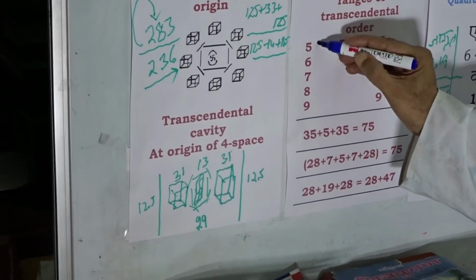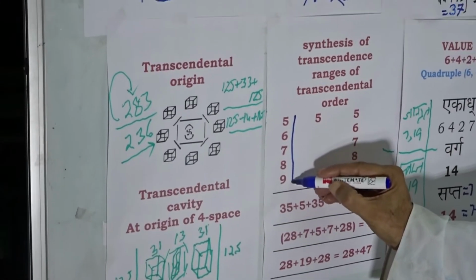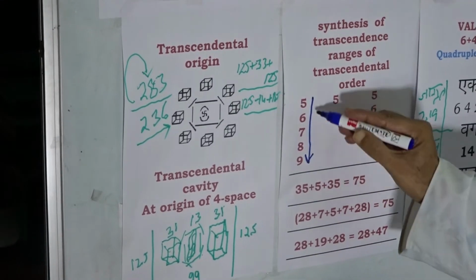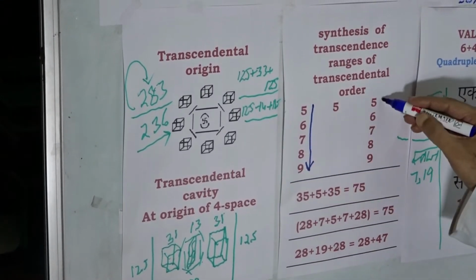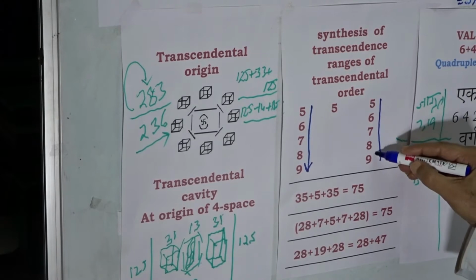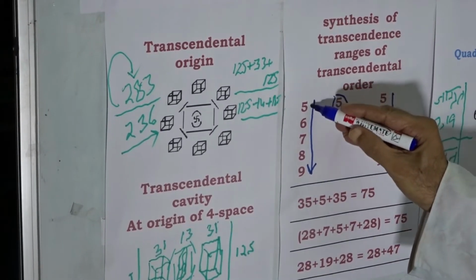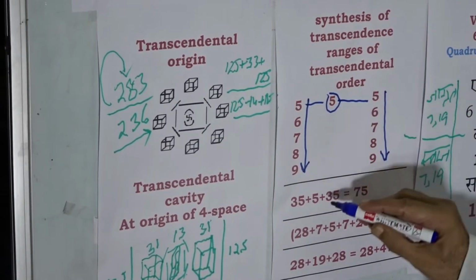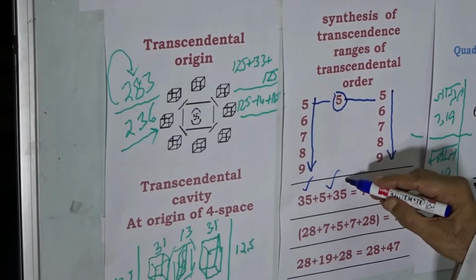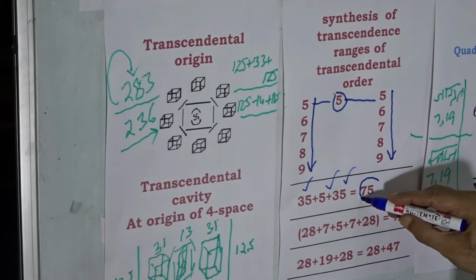So 5 space as a dimension leads to a transcendence range 5, 6, 7, 8, 9, the second transcendence range of a transcendental order, and the synthesis value 35 plus 5, the dimensional order value, plus 35 is equal to 75.